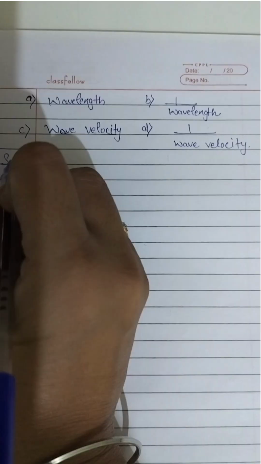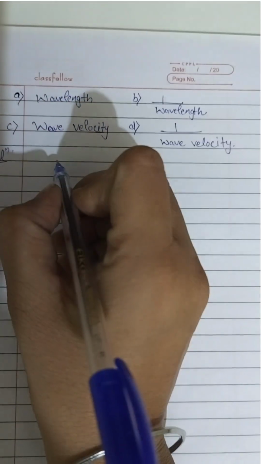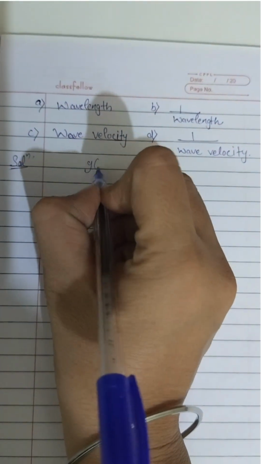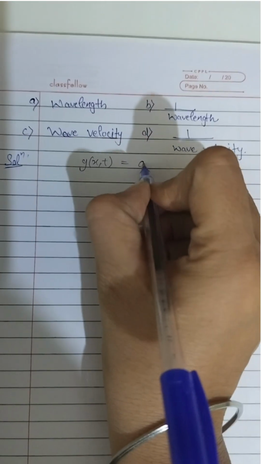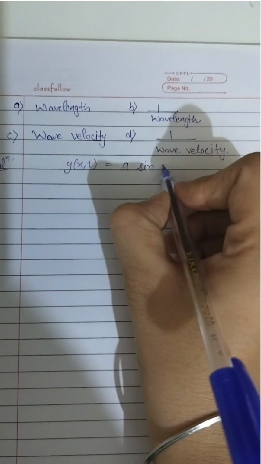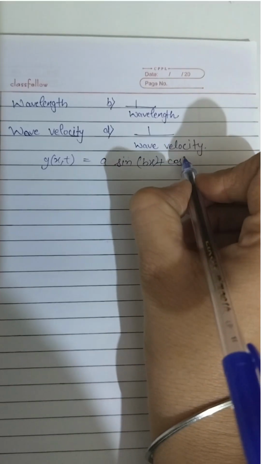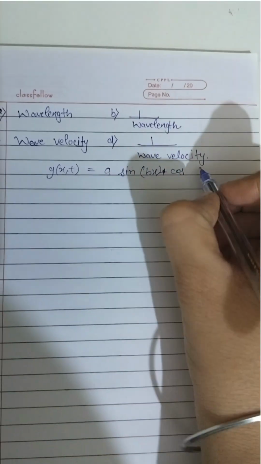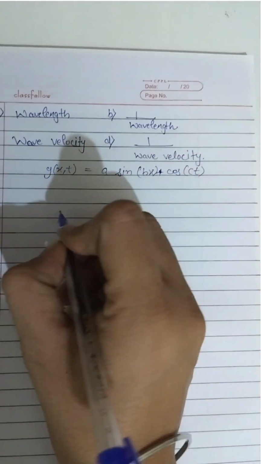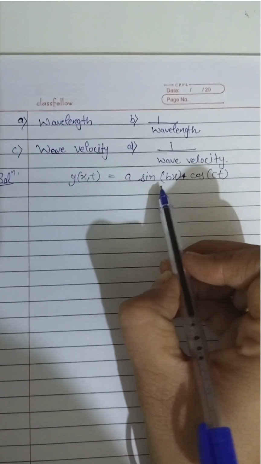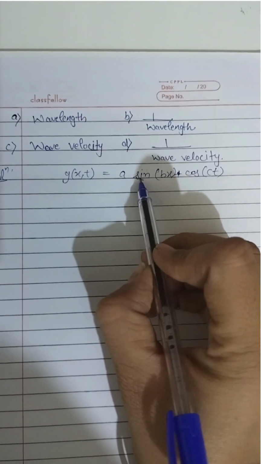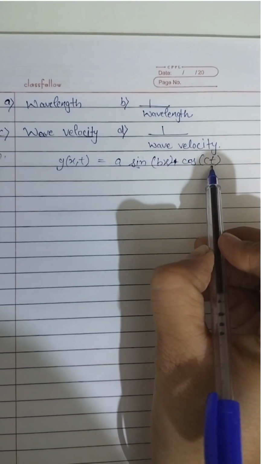So we know that the solution of the given equation is y(x,t) = a sin(bx) into cos(ct). So we know that the functions of sine and cos are dimensionless.